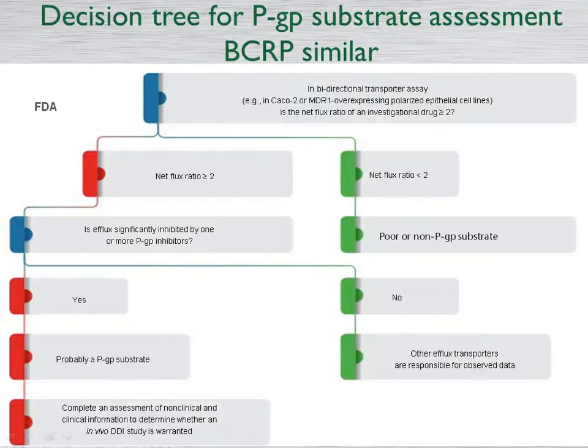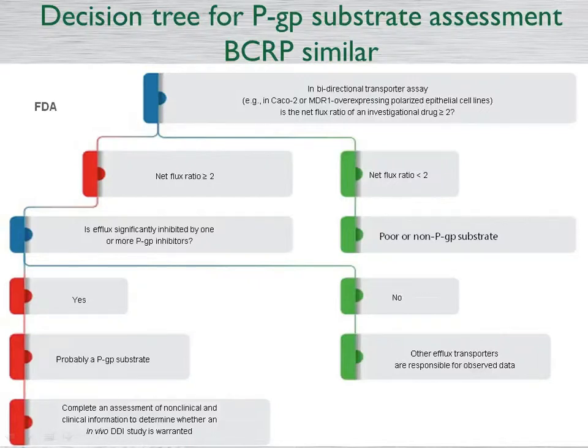For example, here it's shown for PGP, but it's the same for BCRP. The FDA recommends using the CACO2 cell monolayer or just MDR1 overexpressing cell lines. If there's a net efflux ratio, as Roloff already mentioned, which is higher than 2, then it needs to be tested in more detail by giving an inhibitor.